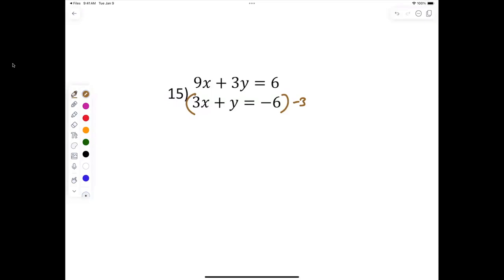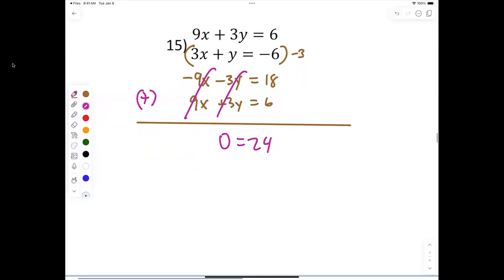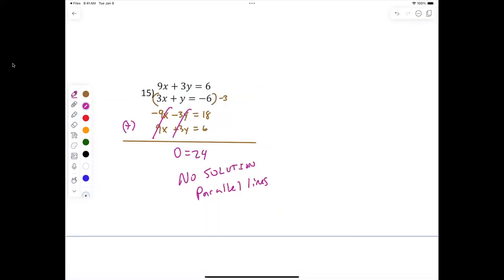So I end up with, now when I add them, what happens? The x's and the y's cancel, so it says 0 equals 24. So because 0 equals 24, we say that's what? No solution. And I want everybody to understand those are just what? Parallel lines. They're parallel lines.